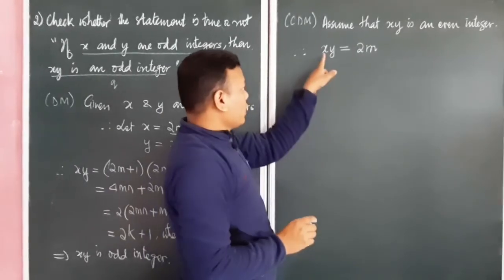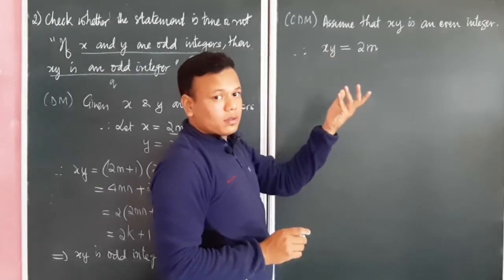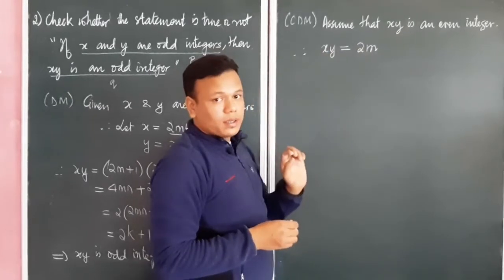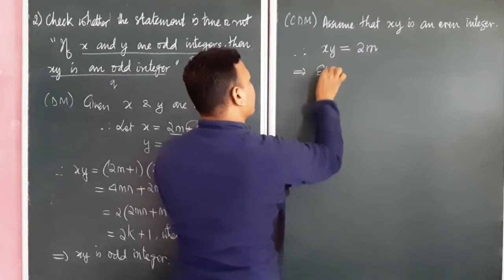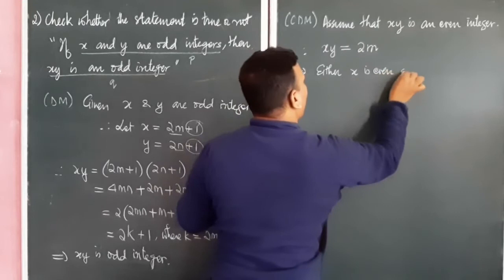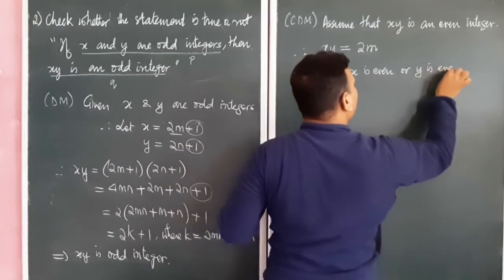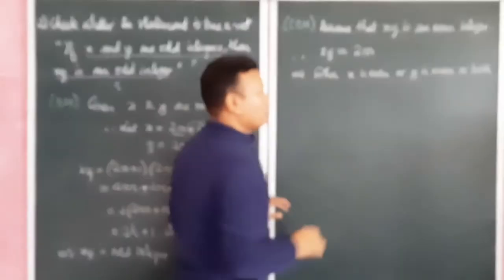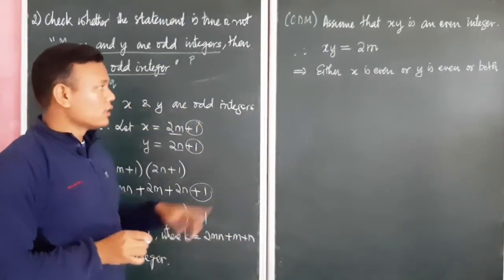For example, if this is 3, then y has to be some even number. For the product to be an even number, any one of them has to be even, isn't it? So this means that either x is even or y is even, or sometimes both have to be even, but we know that both x and y are odd, isn't it?